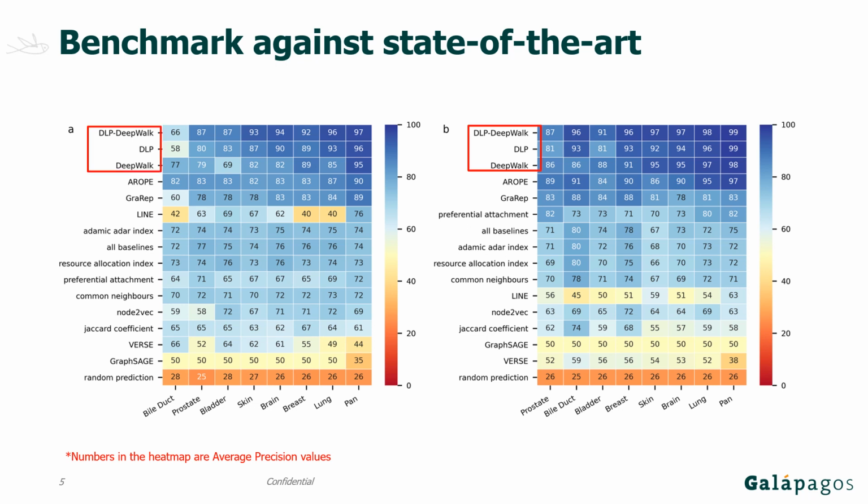We can confidently say that DLP and DLP DeepWalk are the best performing methods among the ones that we have tested. Another interesting observation is that the performance of almost all methods increased when trained on CRISPR screening scores, hinting towards the fact that CRISPR screens are in fact less noisy as compared to RNAi-based screens. This is also confirmed in literature.